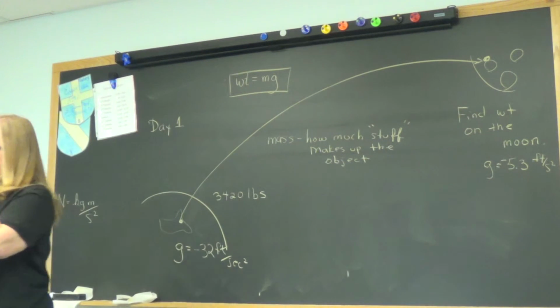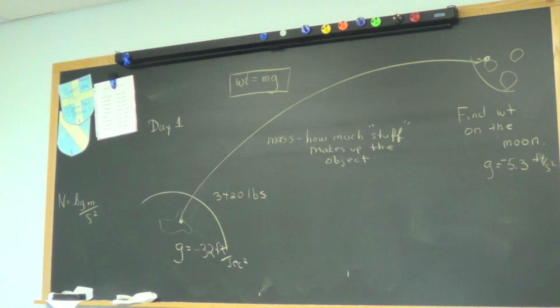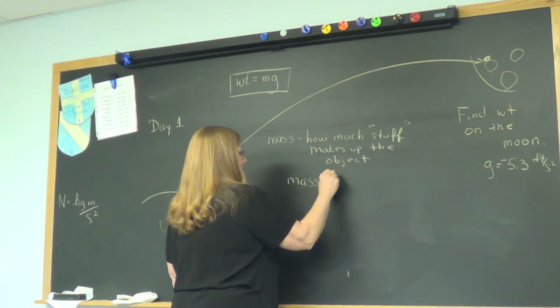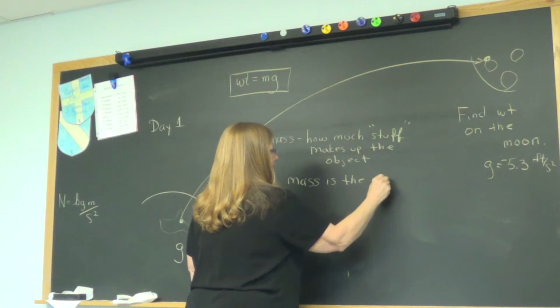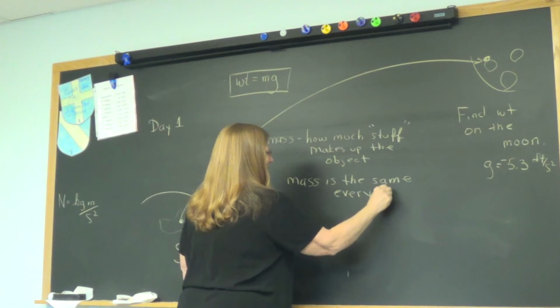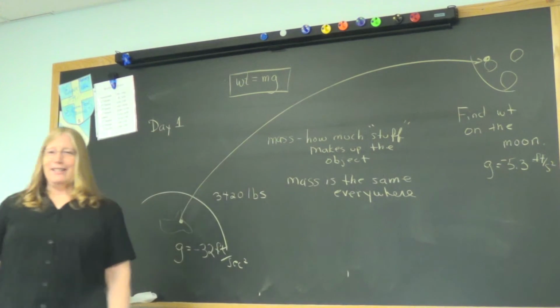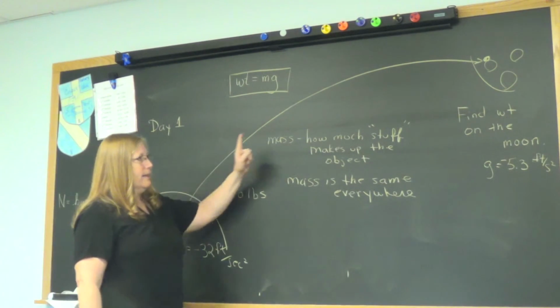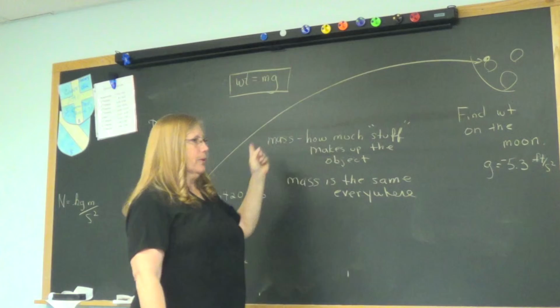So if you're sitting on the Earth, how much stuff makes you, and when you go up to the moon, how much stuff makes you, is the same. Mass is the same everywhere. So mass is the same no matter where you are, it's just how much stuff there is in the object.